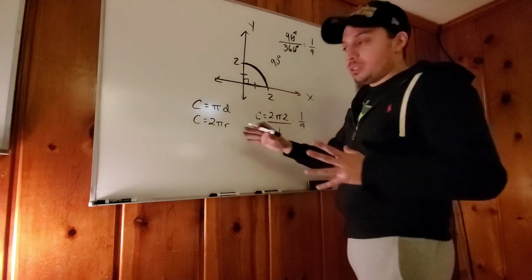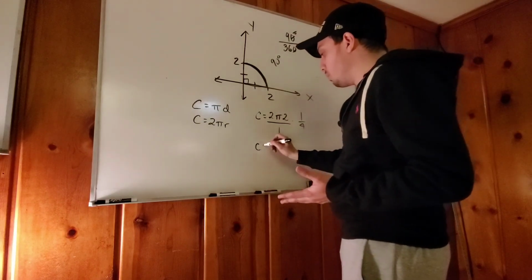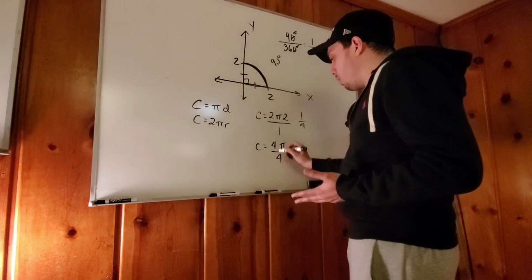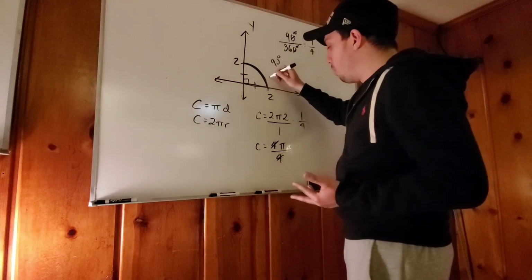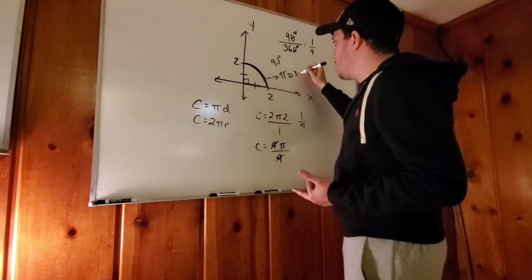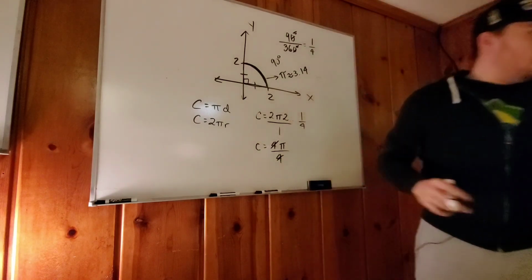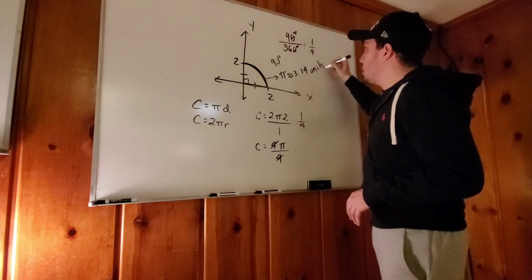That's one of the reasons I said, let's use this one. It's going to be really easy. 2 times 2 is 4, right? So it's going to be 4 pi, and then this 4 is going to be over here in the bottom, and so the circumference is going to be pi. Literally, this is pi, or if I approximate, it's about 3.14, and the units are units. Yeah, 3.14 units. And I'm done.